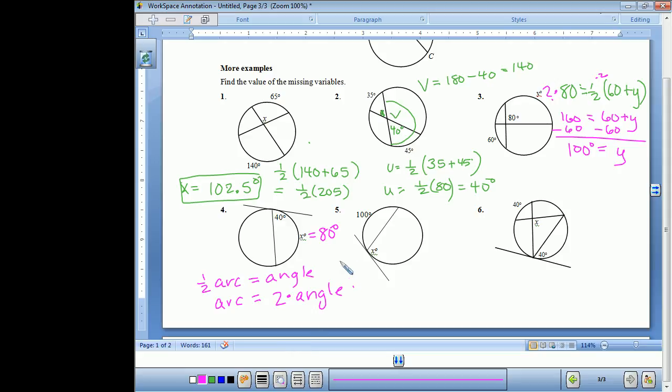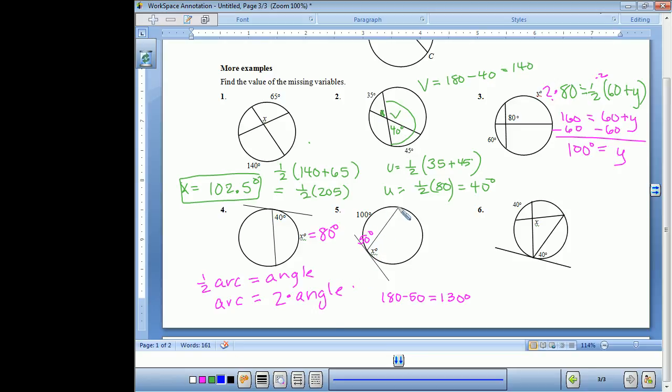Okay, there were 2 ways to work number 5. Some of you worked it one way, and some of you worked it the other, which was pretty cool. Some of you said that if this arc is 100 degrees, then this angle would have to be 50, and you did 180 minus 50 to get x. Others of you approached it differently.